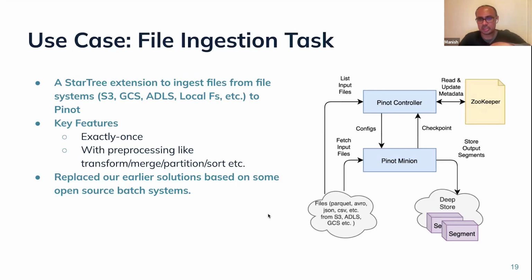I'll be talking more about how this works. I'll go to the next part for now. This is one very powerful ingestion task. We do have other types of tasks that read from BigQuery and Delta Lake and so on, but I just wanted to show an example of an ingestion task.